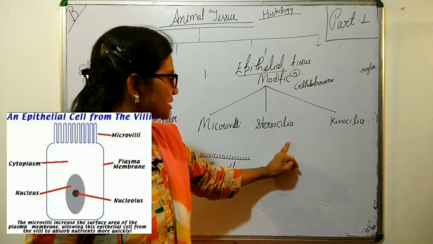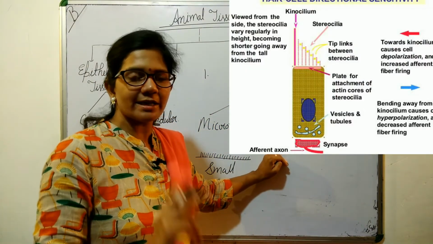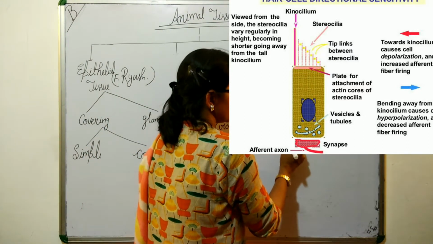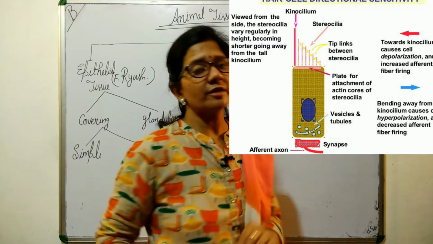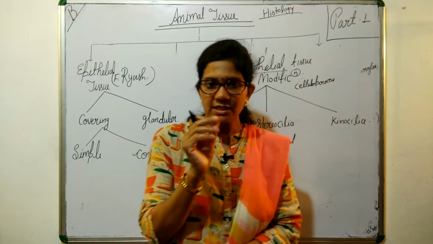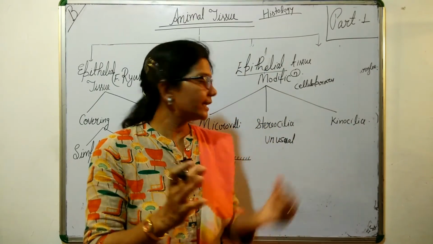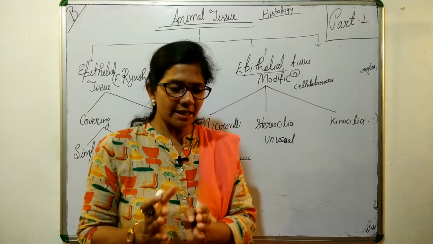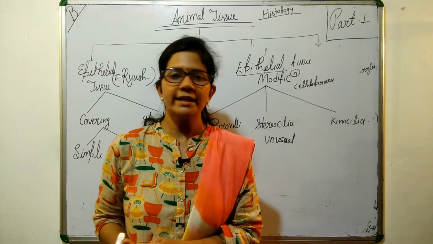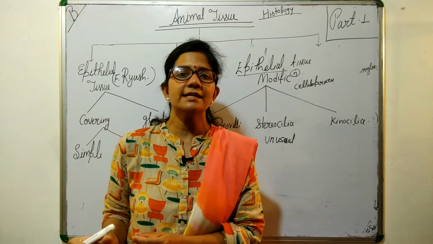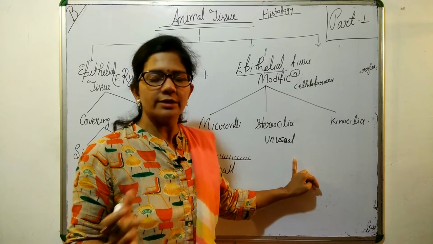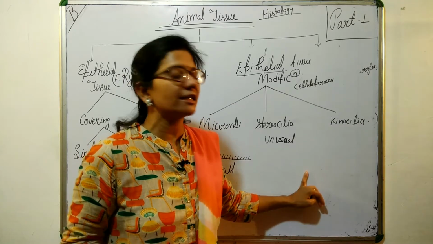In the case of stereocilia, there is also a cellular extension, but it is of an unusual type: some of them can be of large size, some of small size, and very importantly, they are stereo. They don't move much. They don't help in movement, but they help in other functions.